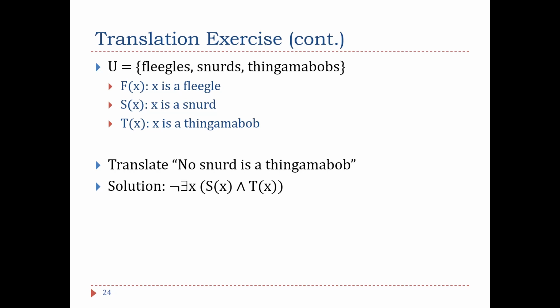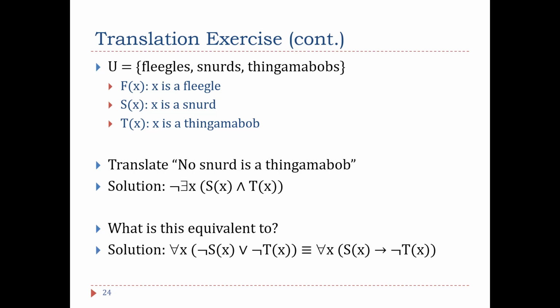Dual of the implication. So this is equivalent to for every x, not s of x or not t of x, or you can also say it exactly as you said: for every x, s of x implies necessarily not t of x. Then I cannot find any snurd who is a thingamabob at the same time.